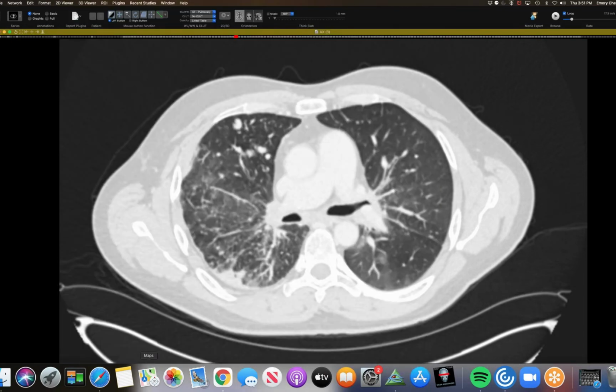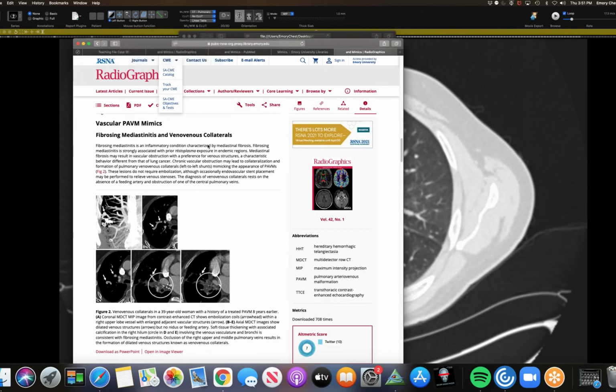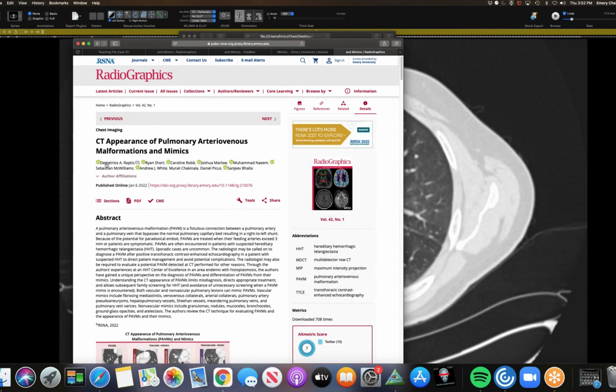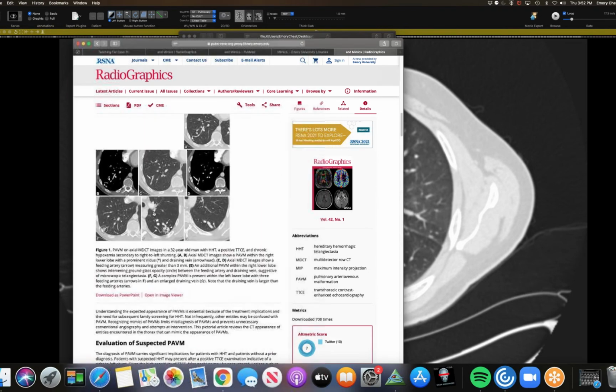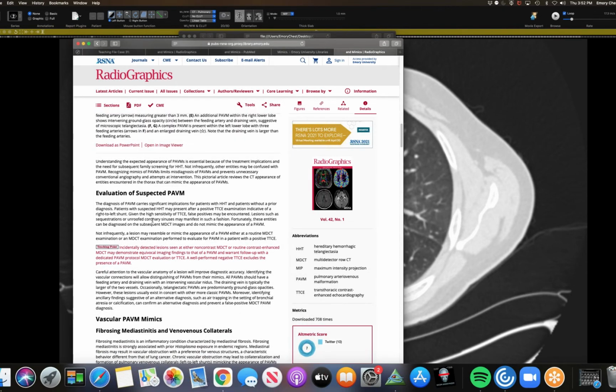Let me pull it up here. This article was published in the recent Journal of Radiographics, CT appearance of pulmonary AVMs, by the group at WashU. I just perused it. I haven't had a chance to read it, but I look forward to reading it.